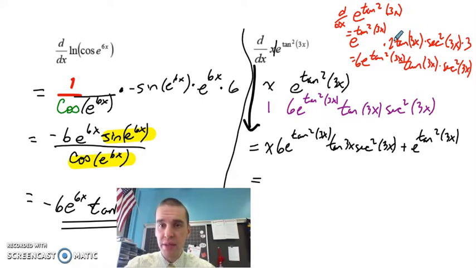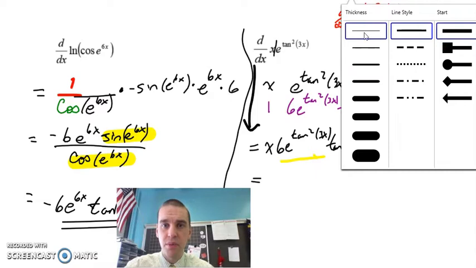I rewrote that, combining the 2 and the 3. So 6e to the tan squared 3x multiplied by tan 3x multiplied by secant squared 3x. Wrote that in purple down there. I then did the first times the derivative of the second plus the second times the derivative of the first. Well, anything times 1 is just 1. So notice that the last step that we could do here, if we wanted to, is see that we have e to the tan squared 3x and e to the tan squared 3x here.